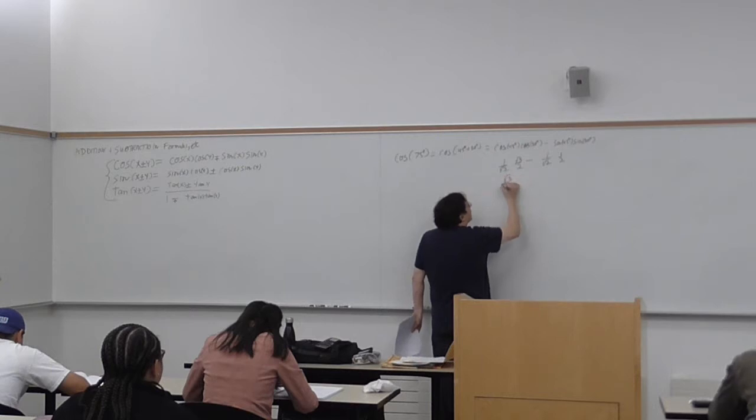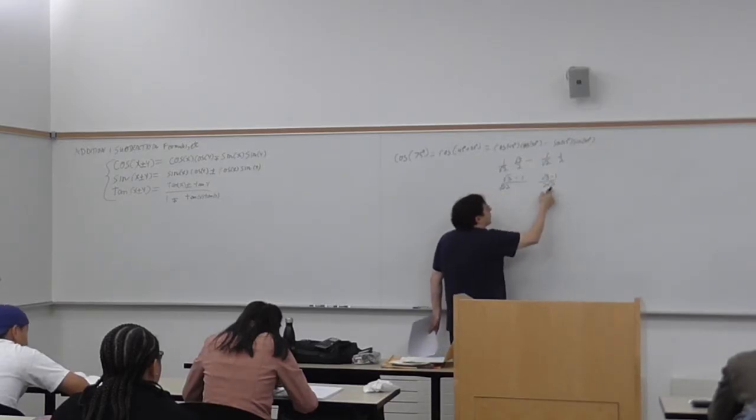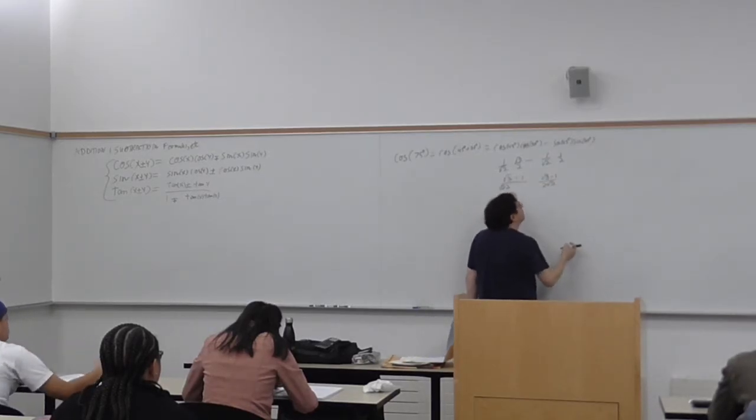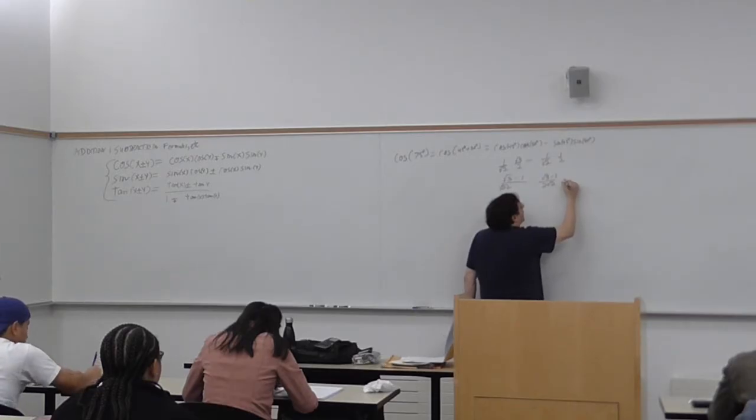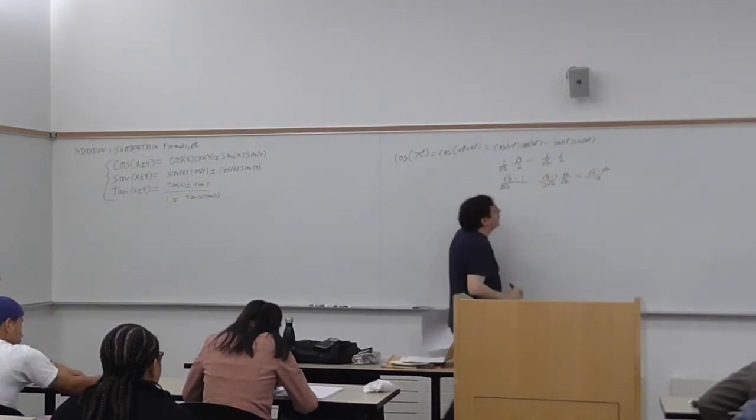So I get square root of 3 over square root of 2 over 2, minus 1, square root of 3 minus 1 over 2 square root of 2. And if you don't like the radical in the denominator, we can get rid of that. That's square root of 6 minus square root of 2 over 4.